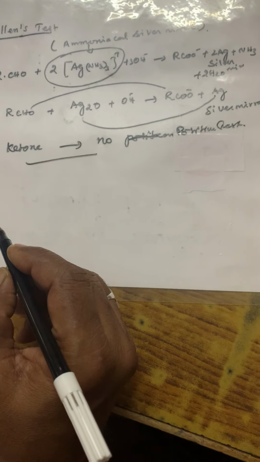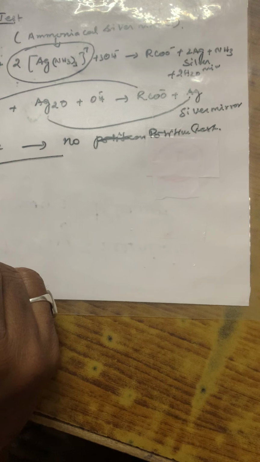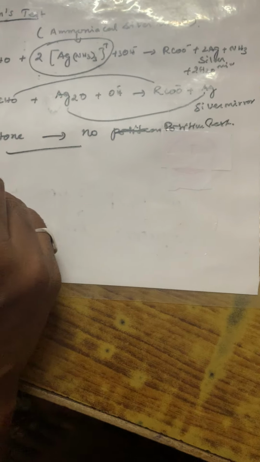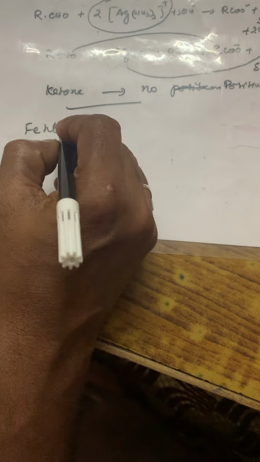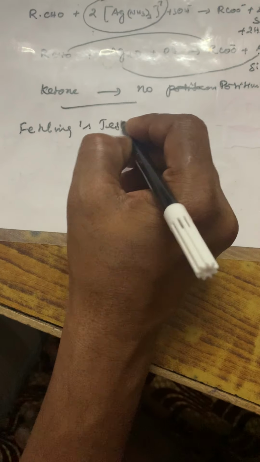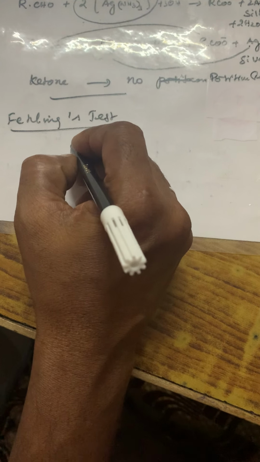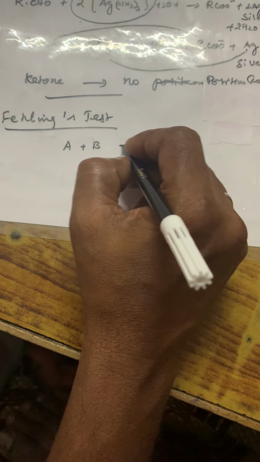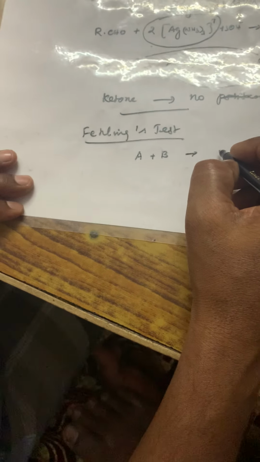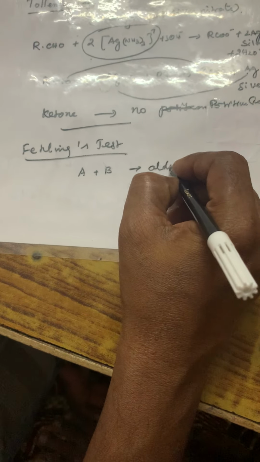Another test is Fehling's test, with Fehling solution A and B. In a similar way, add Fehling solution A and B in equal amounts to the test tube containing 1 ml of aldehyde.